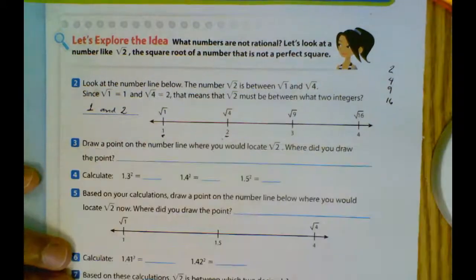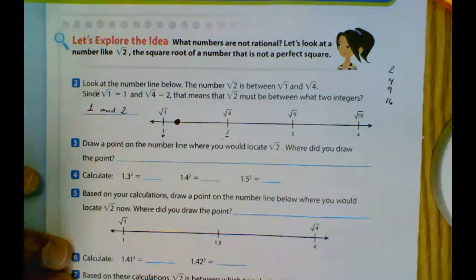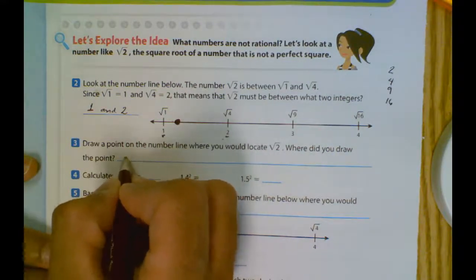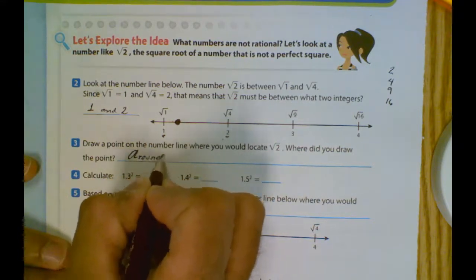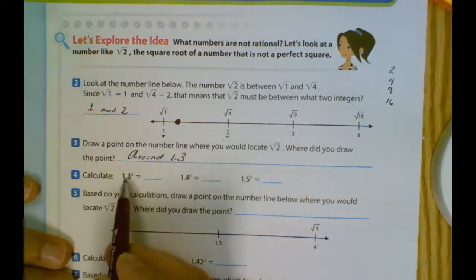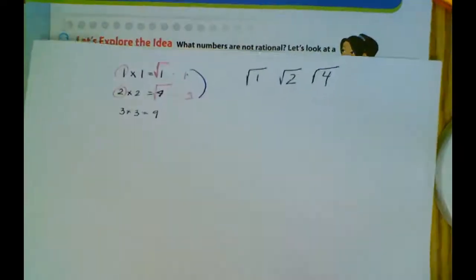So I'm going to draw that point around here. And then for the answer, I'm going to put around 1.3. Then it's asking me to calculate 1.3 squared, and that's what we did yesterday.